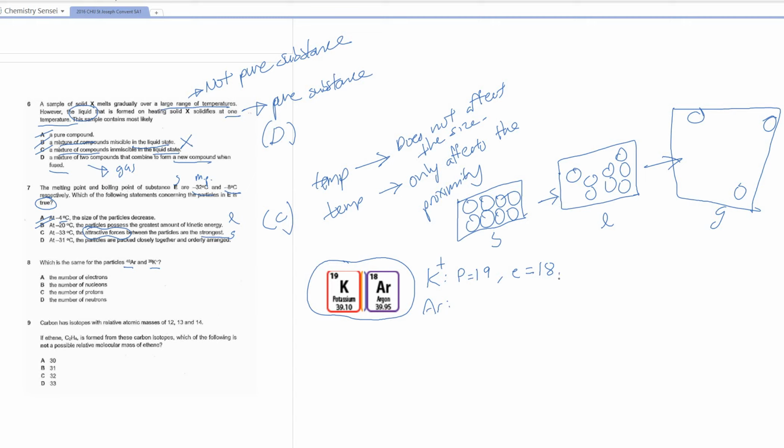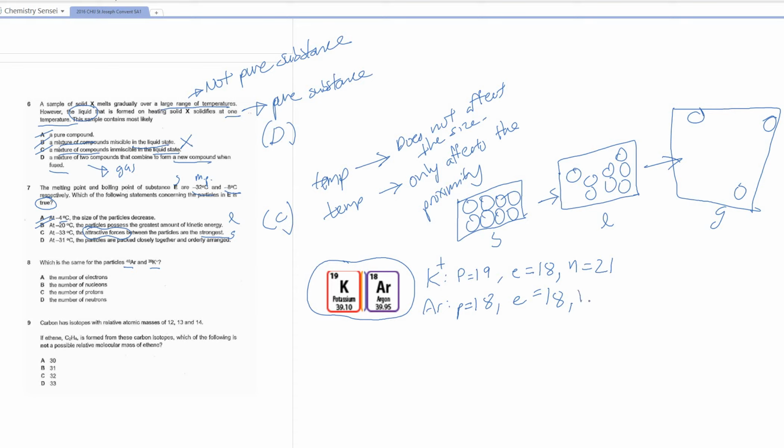Alright, so the number of neutrons, you take the mass number, which is 40, minus away the number of protons, which is 19, you'll get the number of neutrons to be 21. For argon, it has a proton number of 18. The number of electrons is 18, because for a neutral atom, the number of protons is equal to the number of electrons.